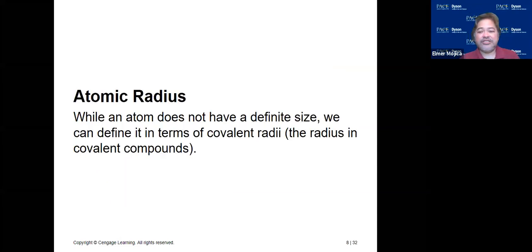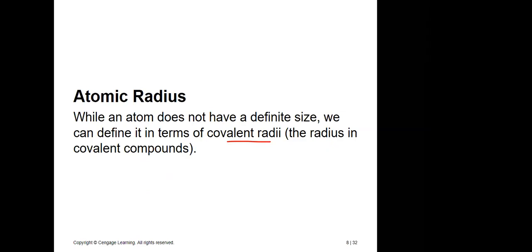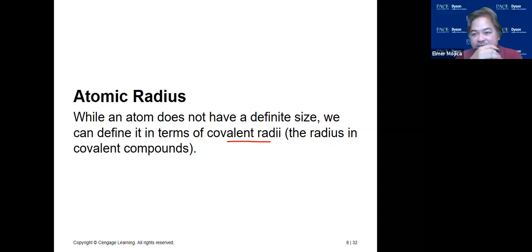Okay? So atomic radius. How do we define atomic radius? While an atom does not have a definite size, we can define it in terms of covalent radii, the radius in covalent atoms. Okay? The way that they look at this covalent radii, this is just 1/2 the distance between two nuclei in two adjacent atoms.